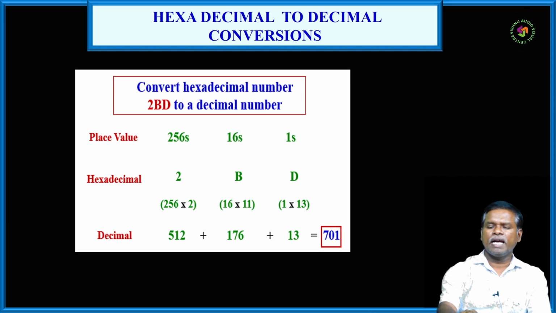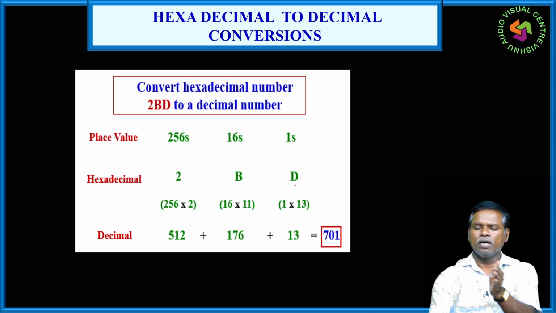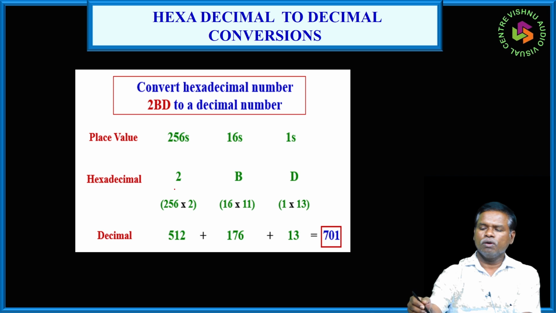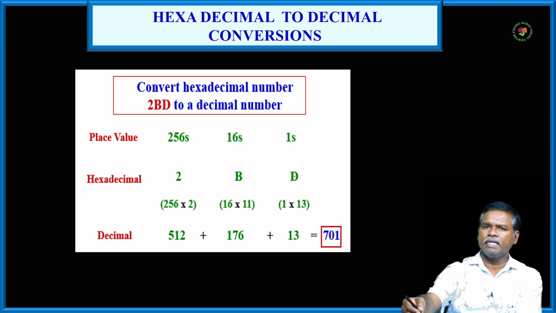The given hexadecimal number is 2BD. D is in the least significant position and 2 is present in the most significant position. So the place value of each symbol we need to assign, because the given number is hexadecimal. The least significant symbol D will have place value 1.